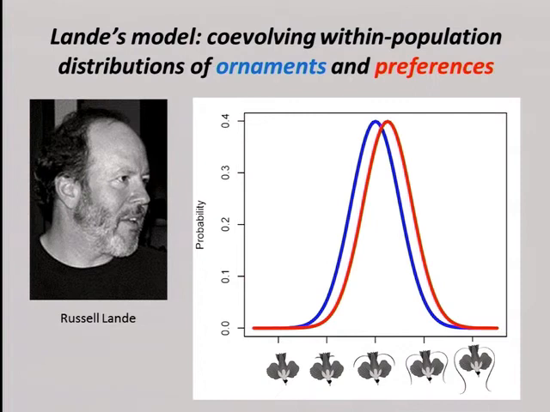What this curve means is that the modal value is the size of the male tail most preferred by females in the population. And it's slightly larger than the average, the modal size of tail in the population. So that's exerting a directional selection, moving the male distribution to the right. Pretty simple idea. But now specifying the equations for the coevolution of those distributions is a bit of a tricky thing.